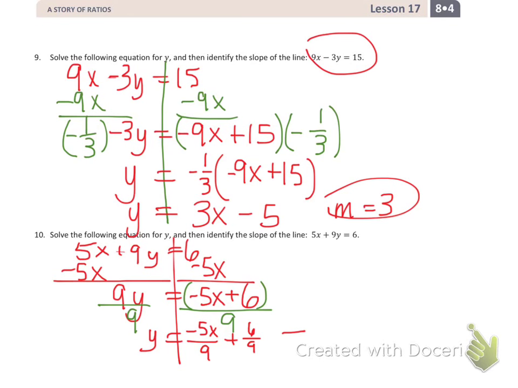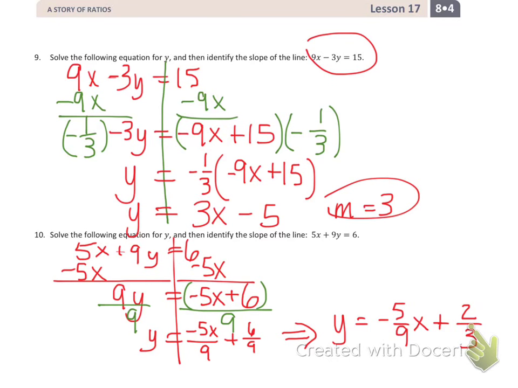So let's simplify that over here. So y is equal to, this is the same as negative 5/9 x plus, and I can simplify that fraction, don't have to, but I can, 2/3.